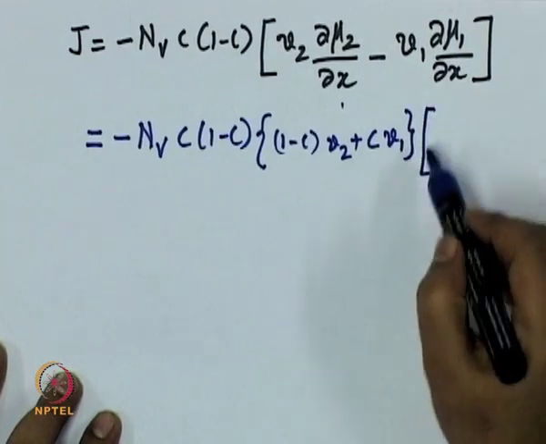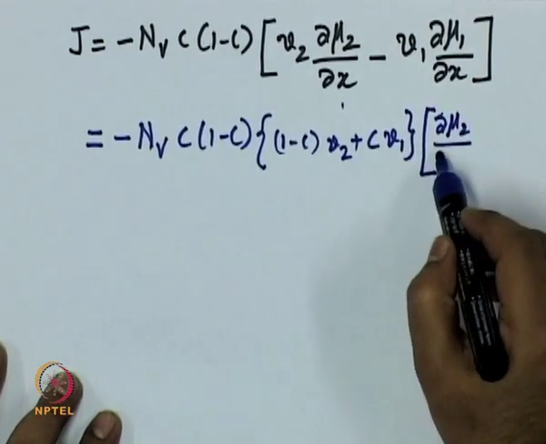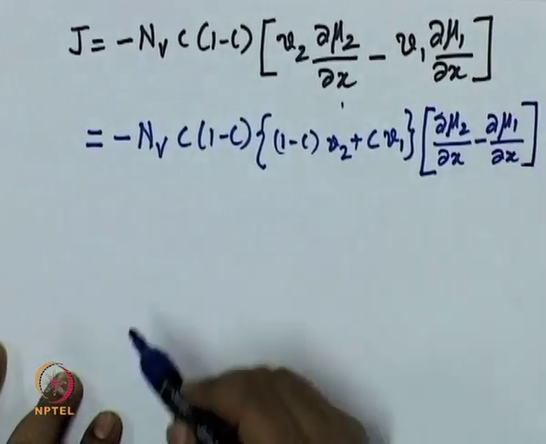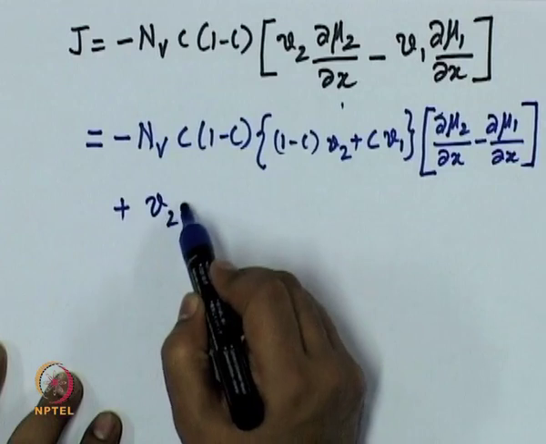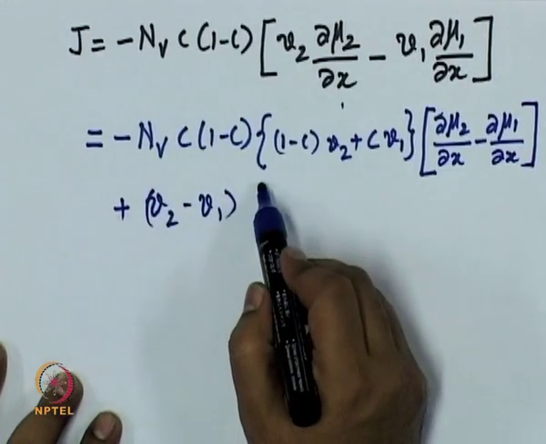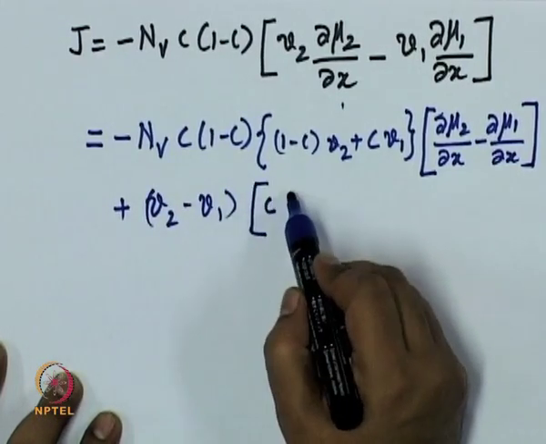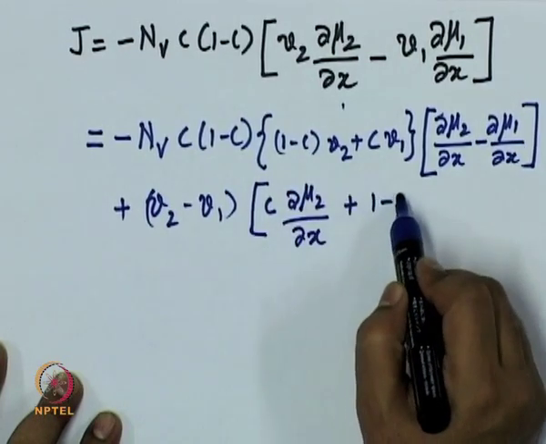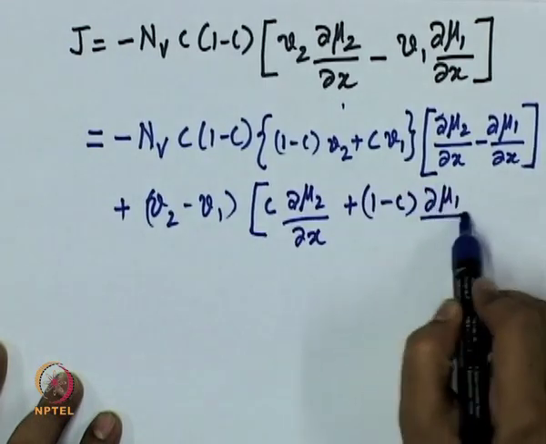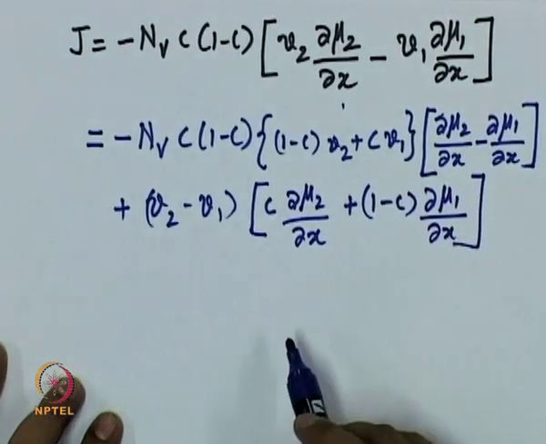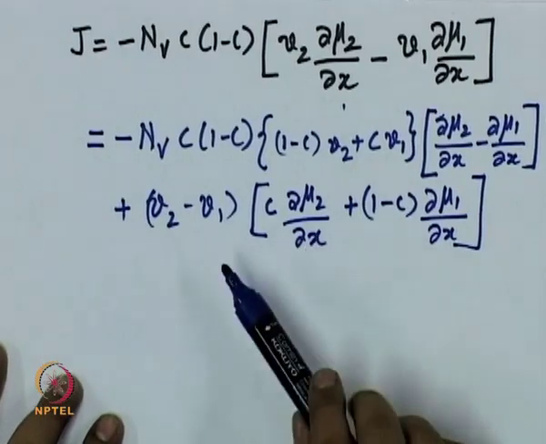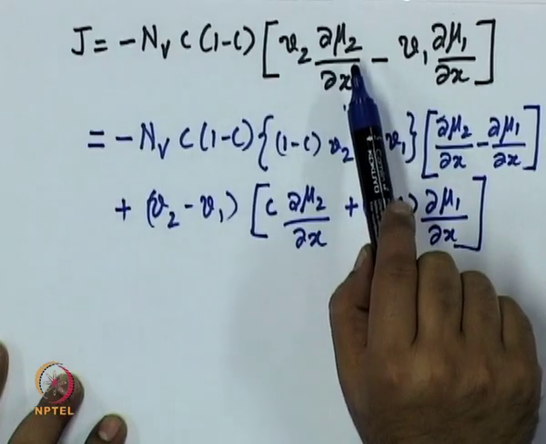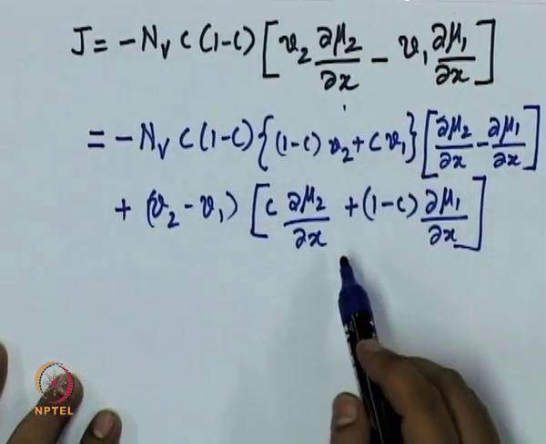This entire thing is multiplied by ∂μ2/∂x minus ∂μ1/∂x, plus (V2 minus V1) times [C ∂μ2/∂x plus (1 minus C) ∂μ1/∂x]. So, this is a simple algebraic manipulation. You can do the algebra and show that it comes back to this expression. You can check it for yourself.